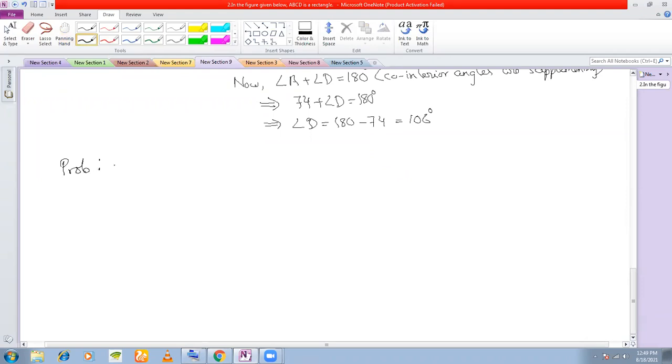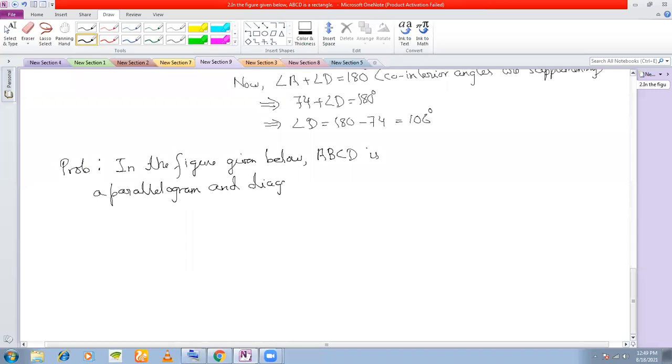Question is, in the figure given below, ABCD is a parallelogram, and diagonals intersect at O. Find.